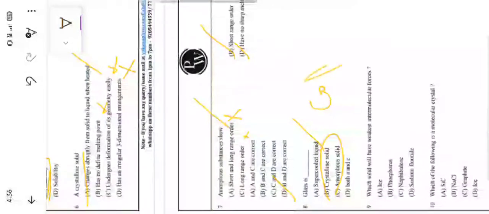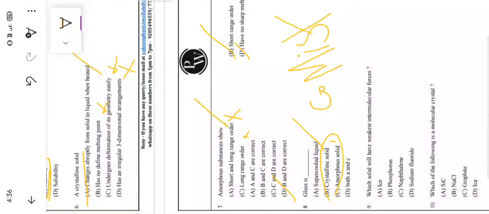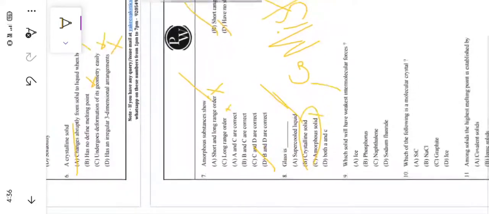These are common mistakes, so don't make this type of mistake. I didn't read these two options, I directly gave this and went for it. So I lose minus 1 mark, which means minus 5. Supercooled is correct, but amorphous also differs.